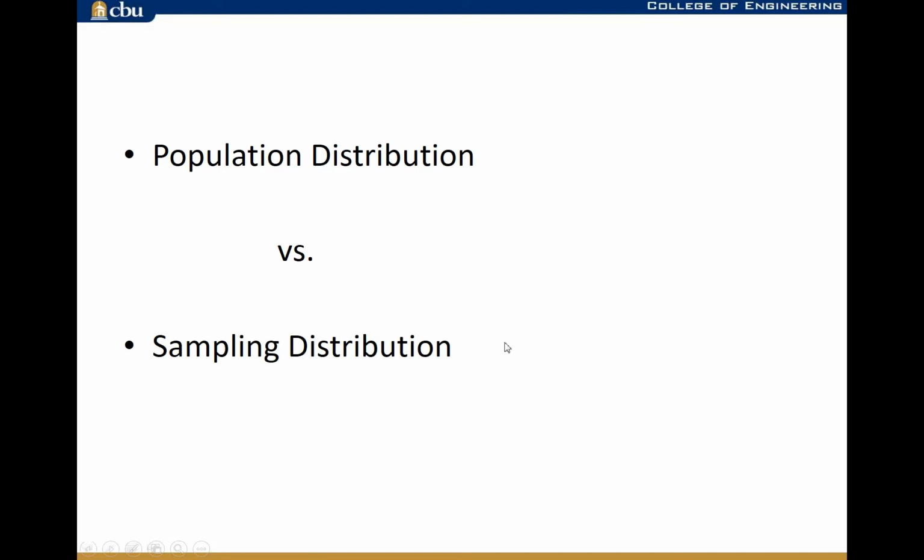So you know the difference between population distribution and sampling distribution. Population distribution, sometimes it is very difficult to find, and then we will use the sampling distribution. For instance, if you want to understand the feelings of the people of the United States, the population will be the whole population of the United States.